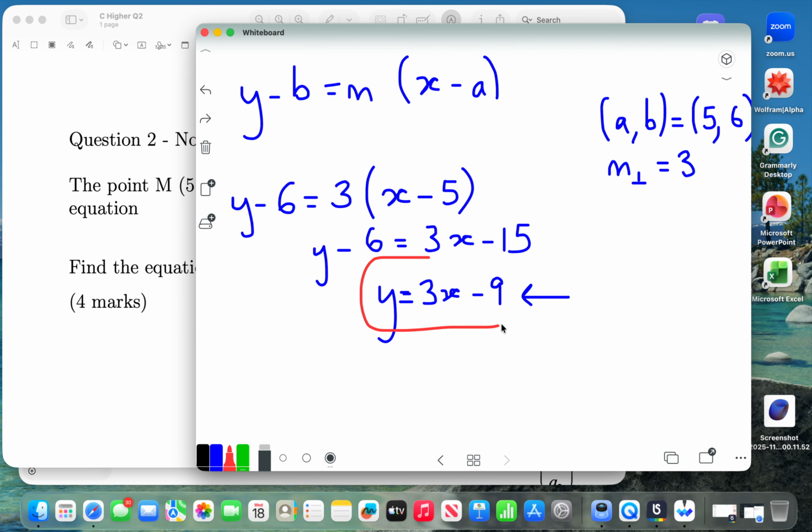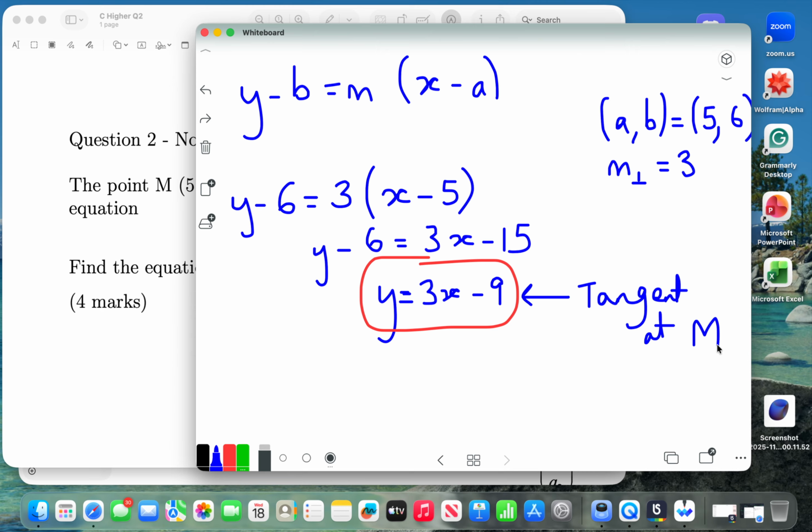This is the equation of the tangent to the circle at the point M. So tangent at M. This is a very common question, and it's a very easy 4 marks to get.